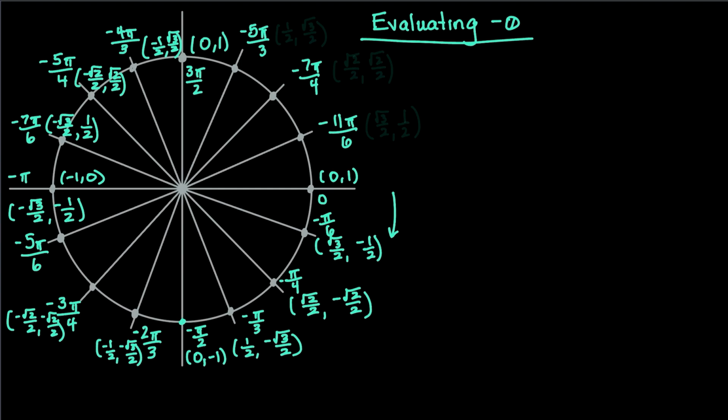Okay, quadrant 1, everything is positive, so 1/2, comma, radical 3 over 2, radical 2 over 2, comma, radical 2 over 2, and radical 3 over 2, comma, 1/2.